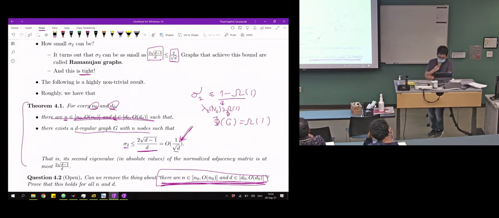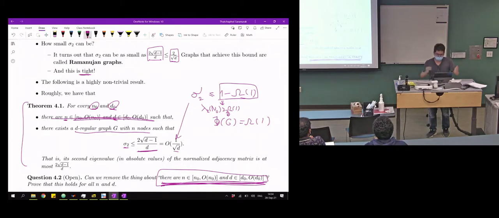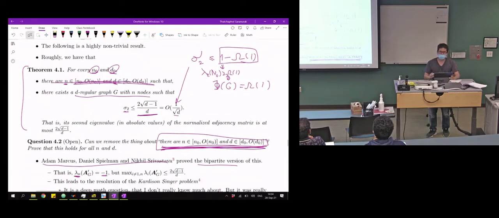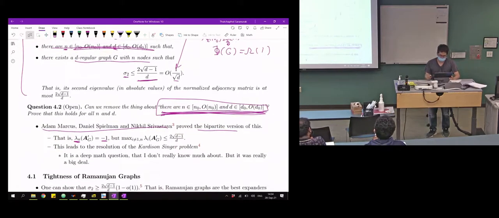Okay, the normalized Laplacian. All right, so this is already strong. This already means that the graph is an expander. People can do it such that it's so expanding, much smaller than 1.